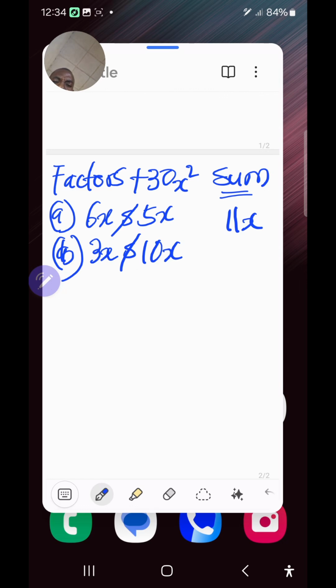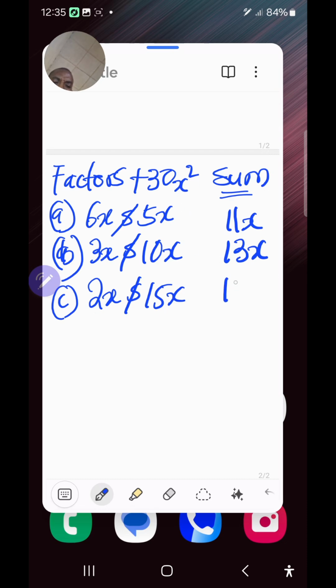If you multiply them together, it gives 30x squared, and if you sum them, it gives 13x. Then we have another one: 2x and 15x. If you sum them together, it gives you 17x, and multiplied together gives 30x squared. This is 17x, which is what you actually needed.